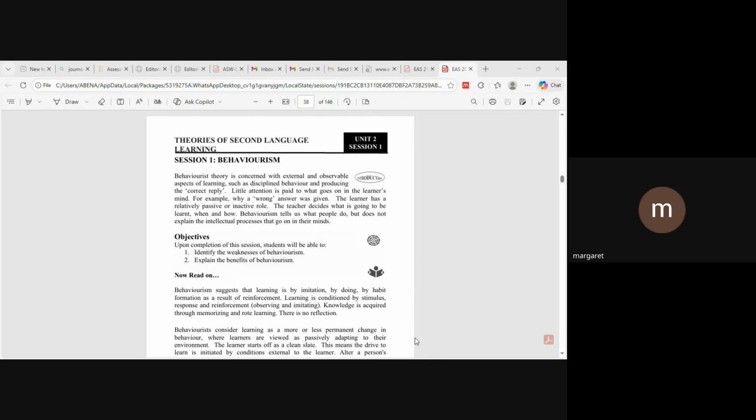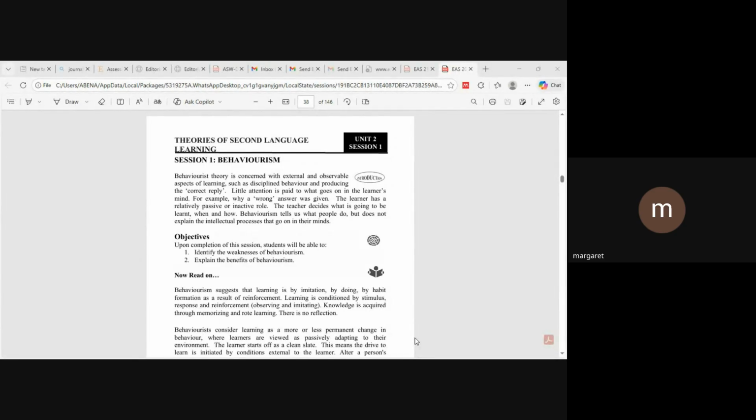You have to expose the learner to the language because the learner doesn't have language in their brain. The learner comes to class as an empty slate. The learner comes to your class with nothing at all. Okay, so it is the teacher who has to give the learner the knowledge. Right. So that is what they mean.